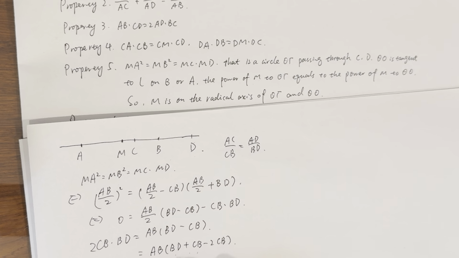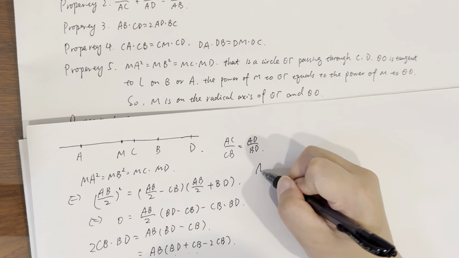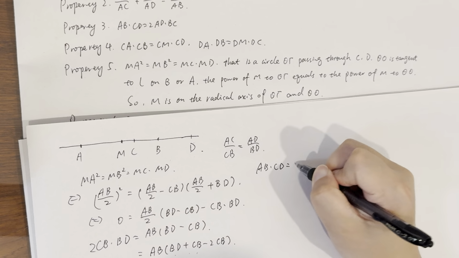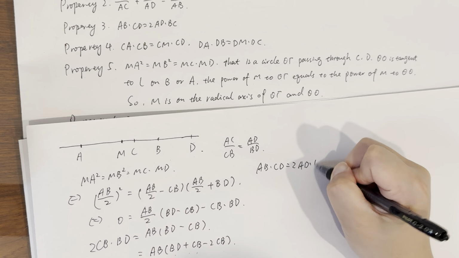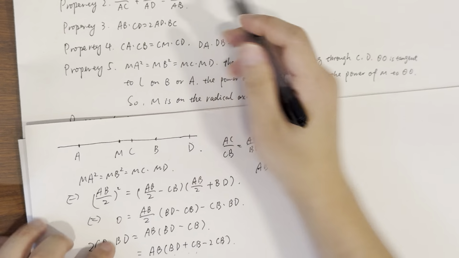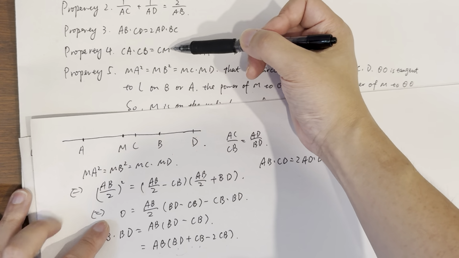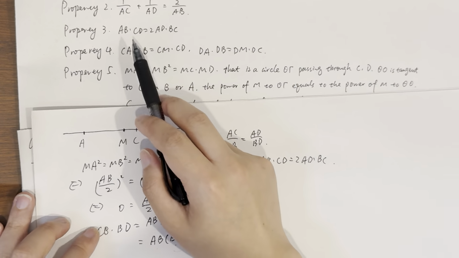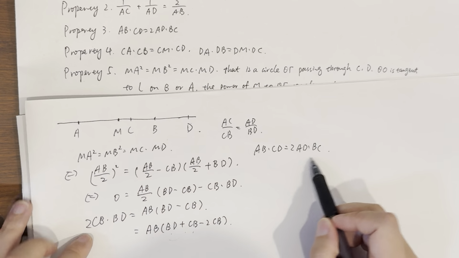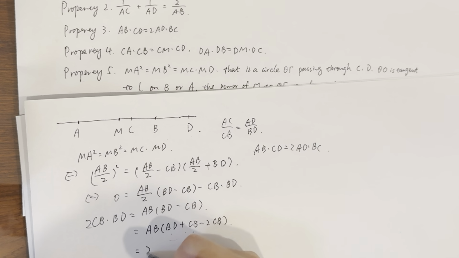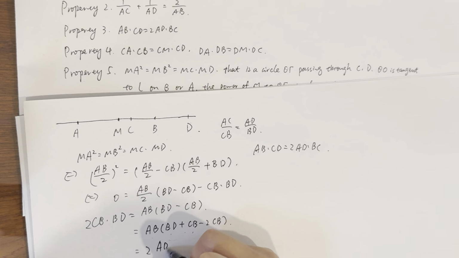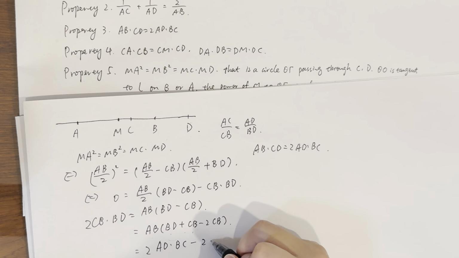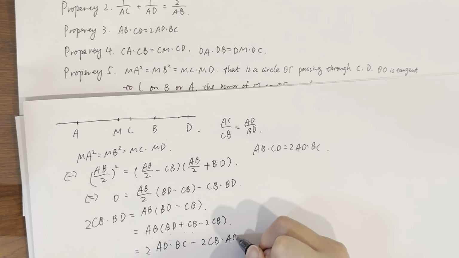And we already know AB times CD equals twice of AD times BC, right, from here. So it equals twice of AD times BC minus twice of CB times AB.